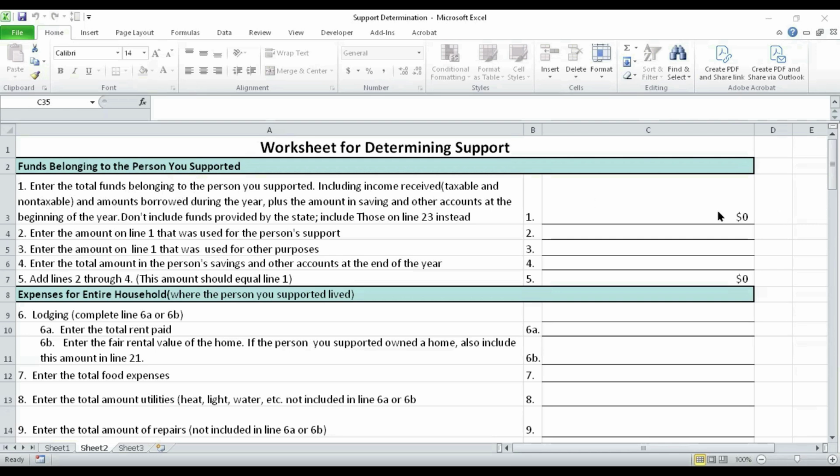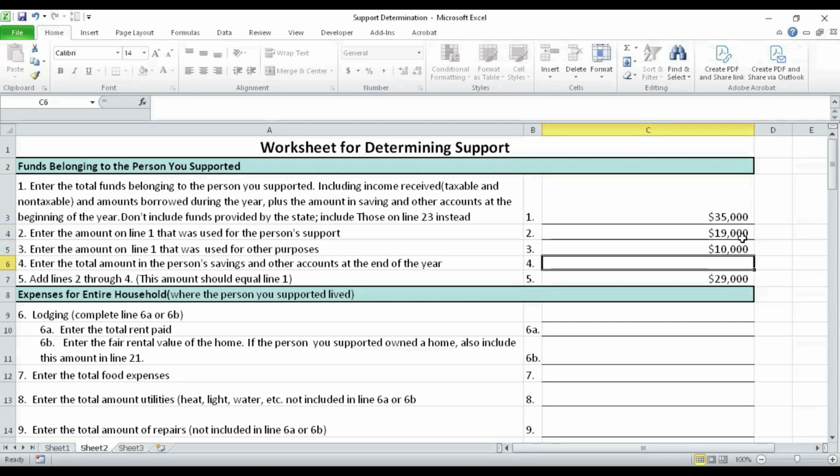On line one, the father had 35,000 in funds available at the beginning of the year. And he used 19,000 for his support for the year, and he used 10,000 for other purposes.